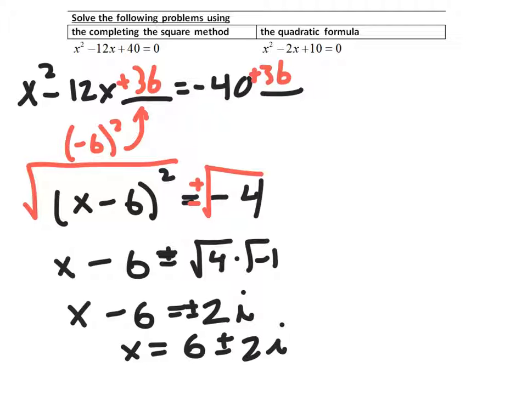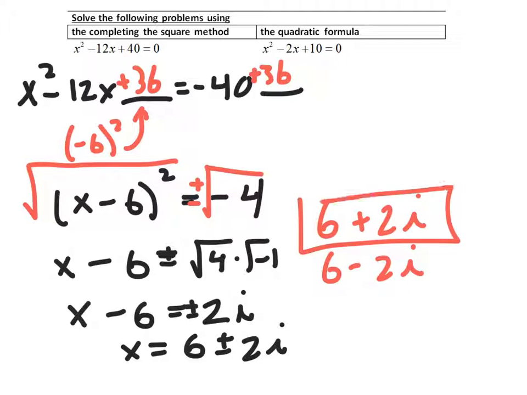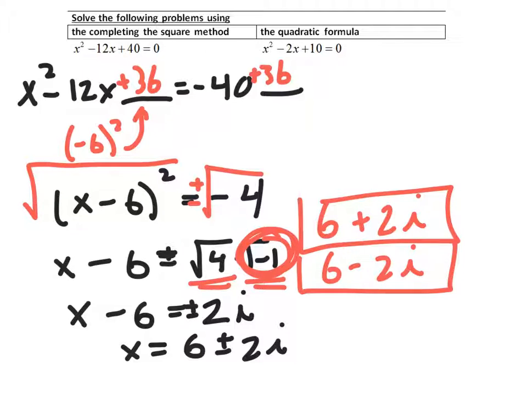So I have two solutions, 6 plus 2i and 6 minus 2i. Now, again, we're back to expecting two answers, aren't we? That's an interesting thing happening with quadratics. The key is this moment right here where I separate the 4 from that -1, and that allows me to keep the game moving. Let's do one more.